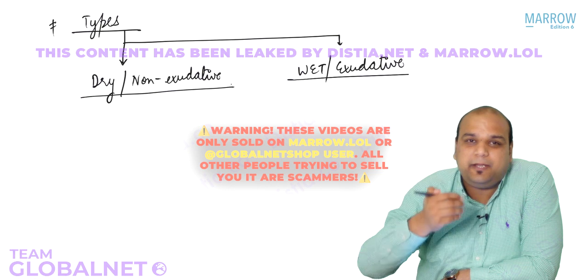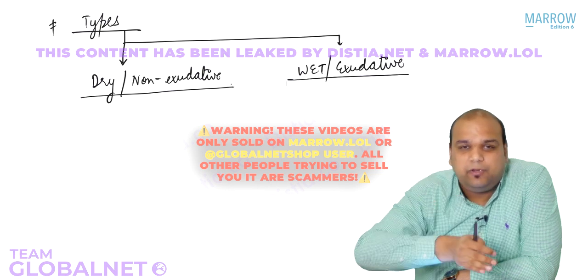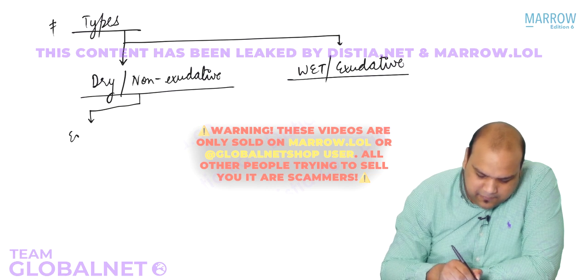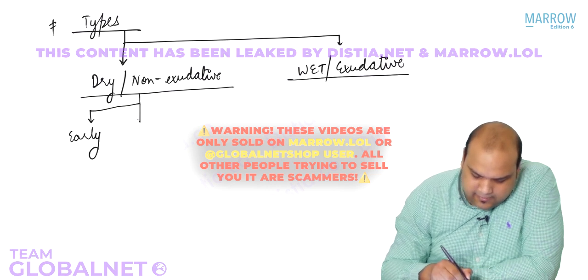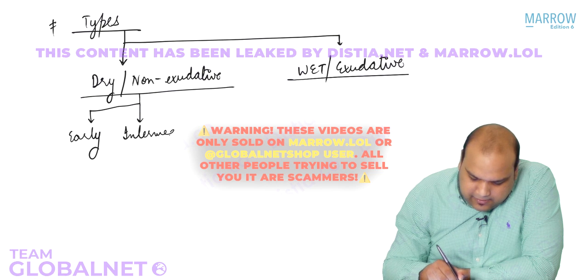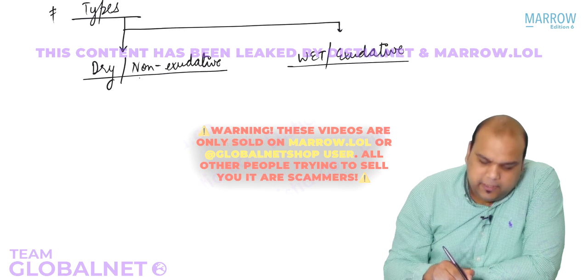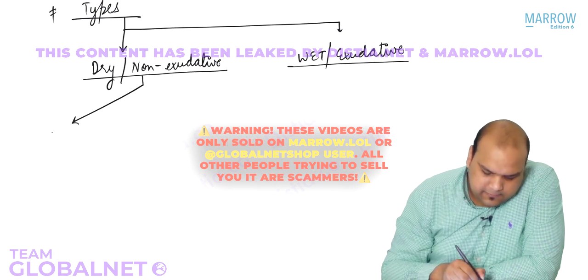Exudation means some kind of fluid, everybody, so that's why wet. Non-exudative, dry. Now, dry is further divided into three stages. Early dry, intermediate dry, or late dry.